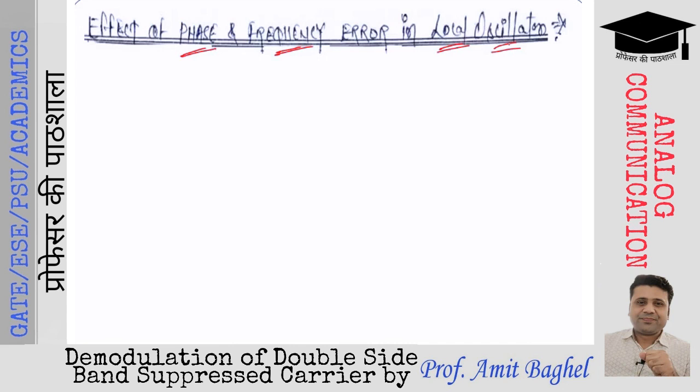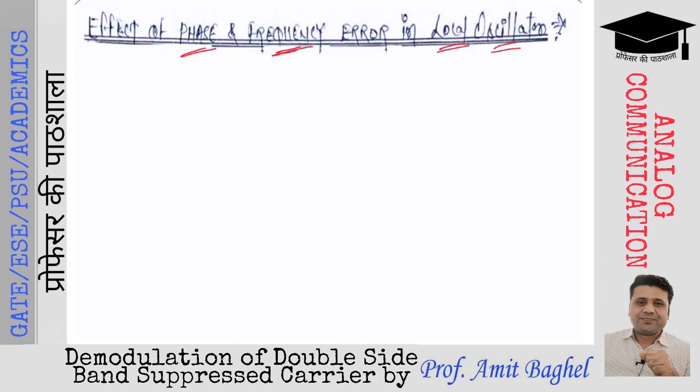So you may have a different phase at the receiver side because of the error produced in the local oscillator. So if the phase is different, a phase error is produced, and it will have an impact on the receiver side. When we recover the message, the message signal will be affected with the phase error generated in the local oscillator. So this is case 1.